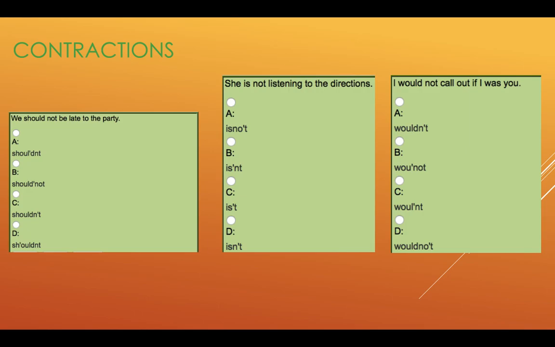Is not changes to D and becomes isn't, and the apostrophe takes the place of the O because it is now missing, and it goes between the N and the T. And number 3, I would not changes to wouldn't, and you would need to select A. And the apostrophe goes between the letter N and T to show the letter O is missing.